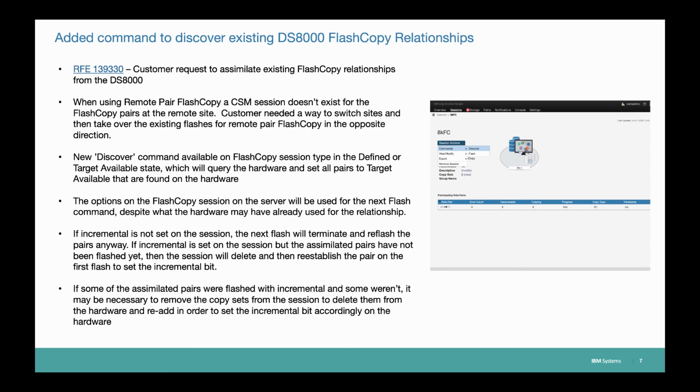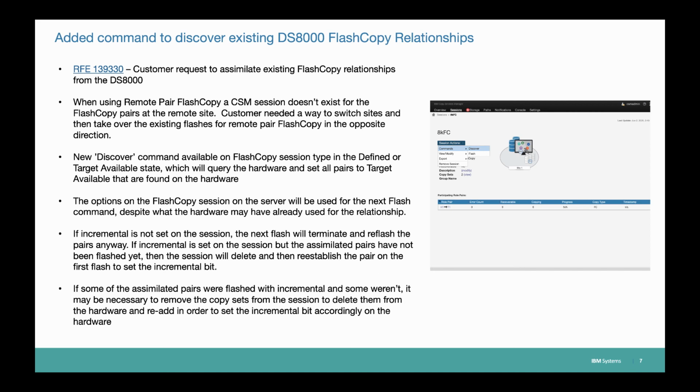All right, my next one is based off of RFE 139330. This added a discover command to the DS8000 FlashCopy relationships. The request was to be able to discover FlashCopy. CSM has never been able to discover FlashCopy relationships, and the primary reason we haven't done that in the past is because we cannot determine consistency for those discovered relationships across the entire session.